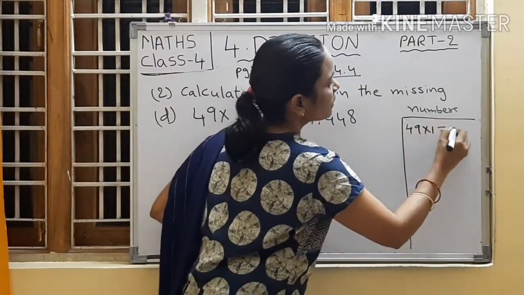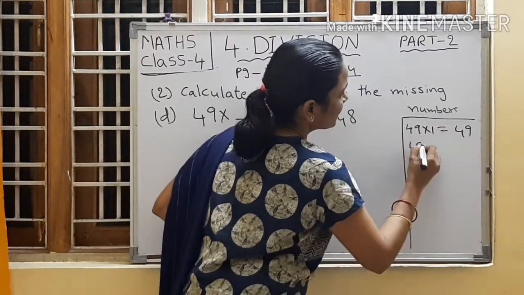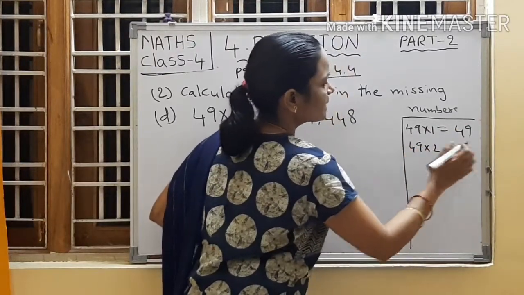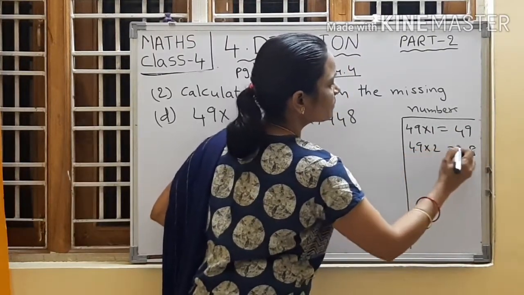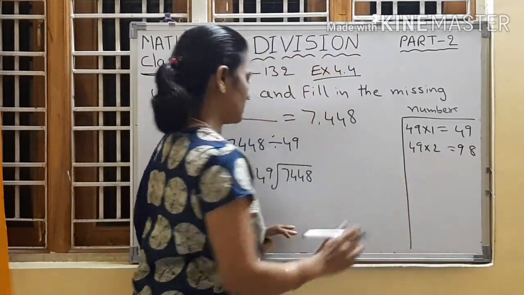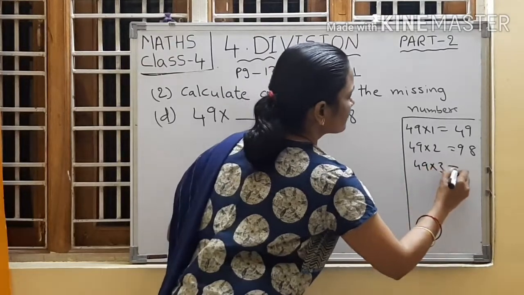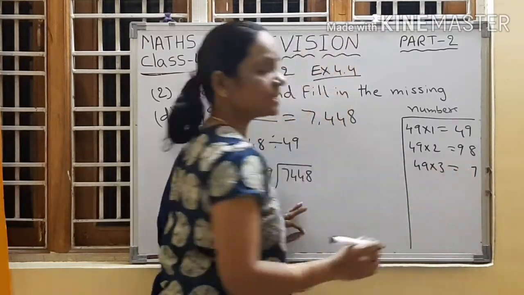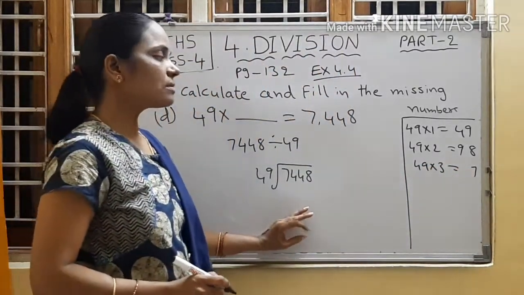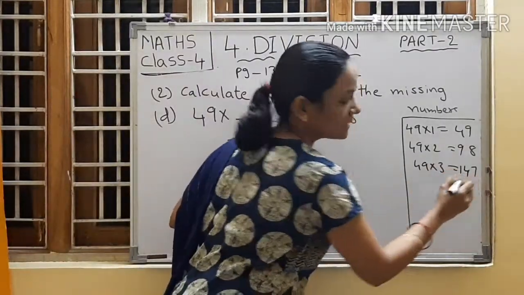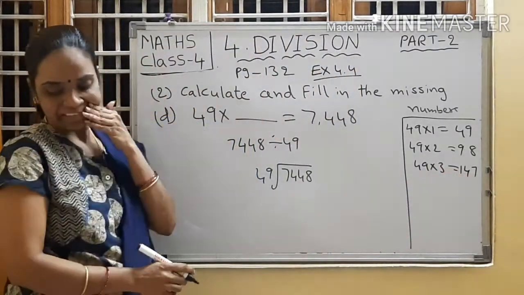49 ones are 49. 49 twos are 2 nines are 18, 2 fours are 8 plus 1, 98. Yes, 49 threes are 3 nines are 27, 3 fours are 12, 13, 14, 147.